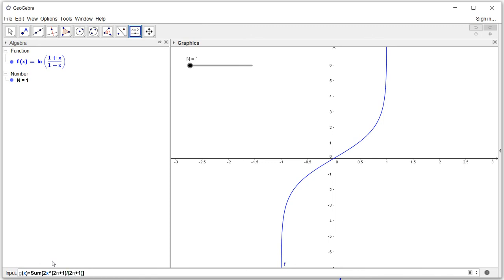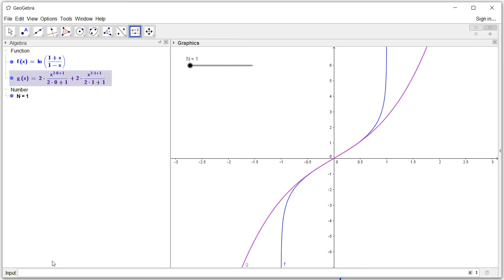Then the variable is n, the starting number is 0, and the ending number is this capital N, so that we can use the slider to change it. So I'm going to hit enter here.